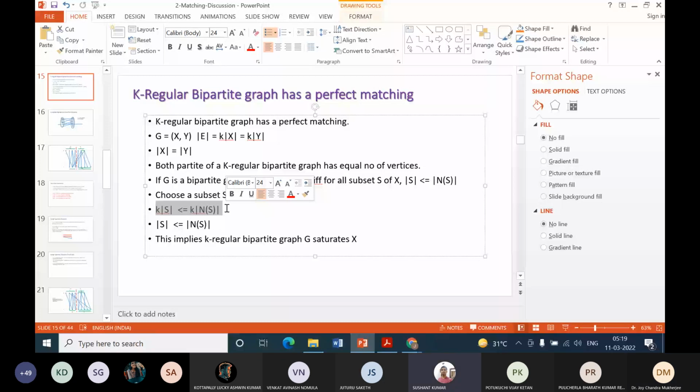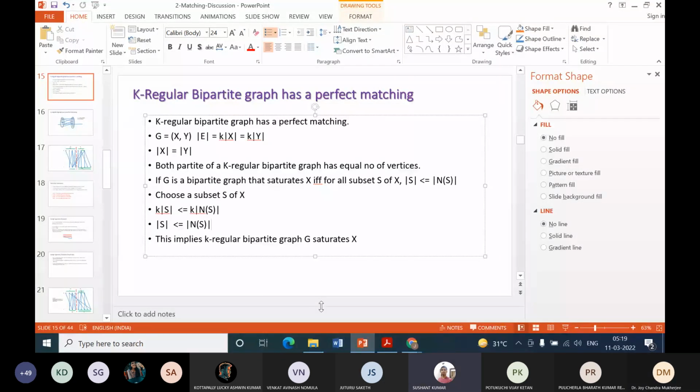Sir, if we count the number of edges from partite set S, there will be K mod S edges, right? And all those edges will have a neighbor. All the edges which we are counting will be included if we count the edges from N(S), right? Yeah.